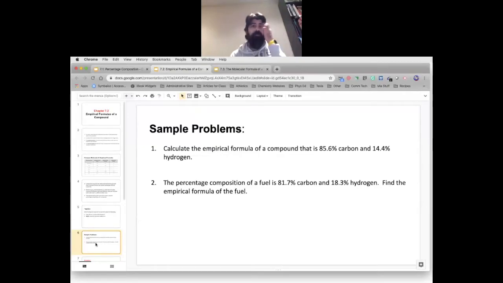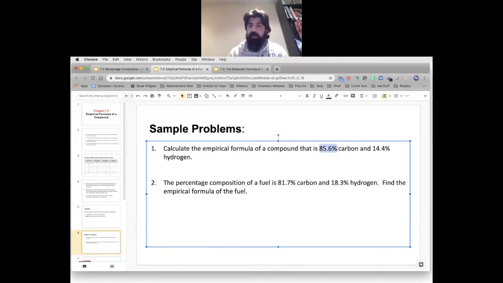So in this sample problem, calculate the empirical formula of a compound that is 85.6% carbon and 14.4% hydrogen. These percentages are what we did in 7.1, finding percent composition. Now we're going to go backwards, but not necessarily backwards.